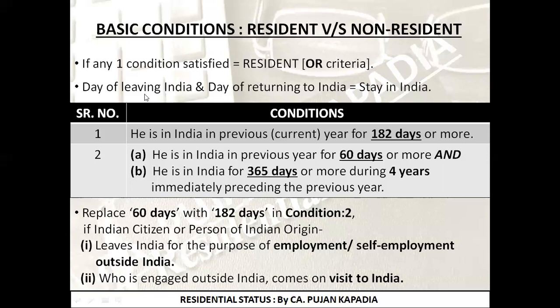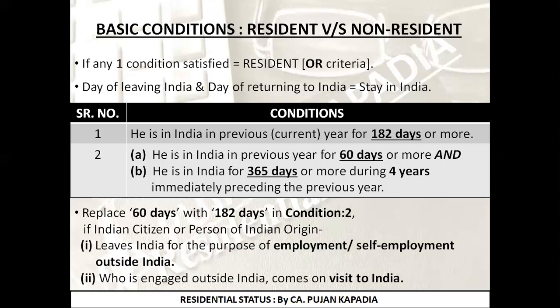Now let's take an example. Suppose I am coming to India on 1st January 2020 and I am again going back to USA on 1st March 2020. Now the question arises whether 1st January and 1st March are to be considered as my stay in India or as my stay in USA, because of course I would be having my flight on that particular day.